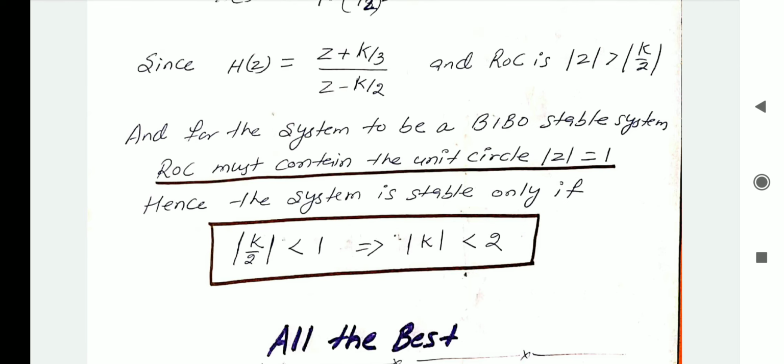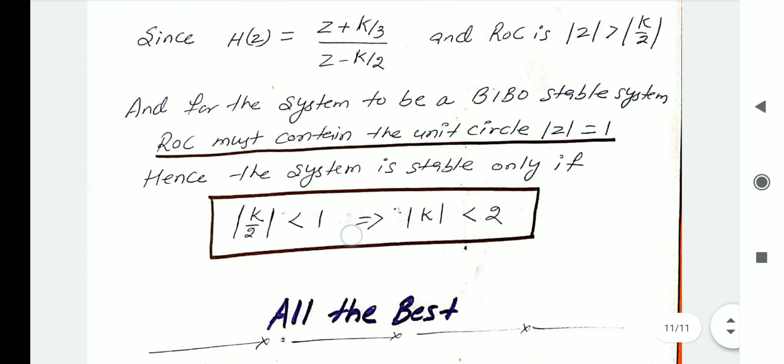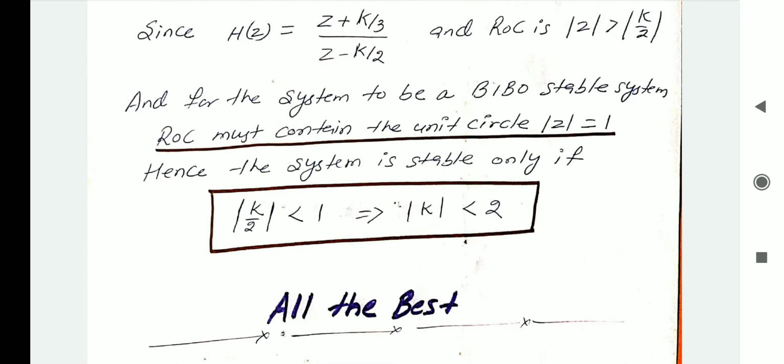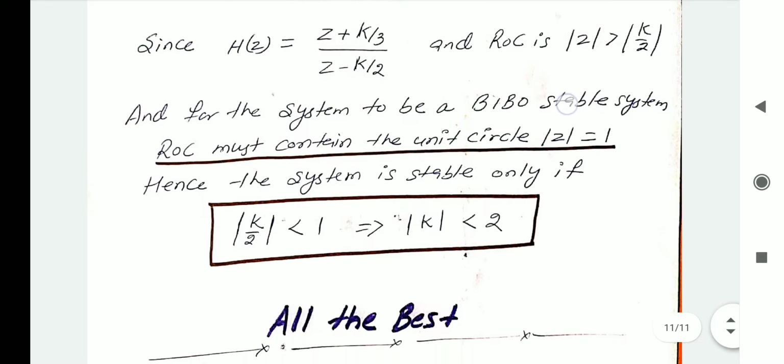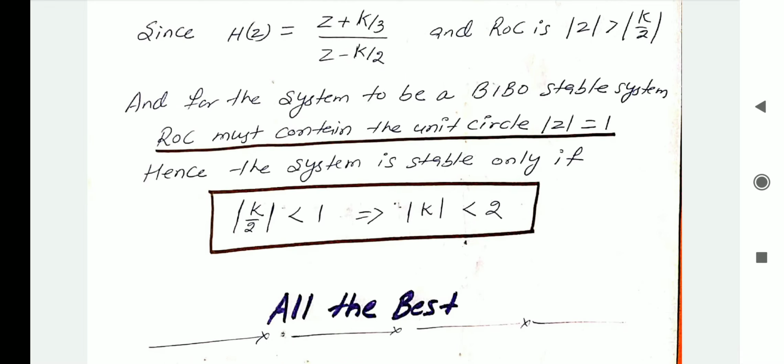The ROC is greater than mod of k/2, so only if mod of k/2 is less than 1 will the ROC contain the unit circle, that is, mod of k should be less than 2. So this is the condition on k, that mod of k should be less than 2, for which the system will be a BIBO stable system. That's all students, all the best and do well in the exam.